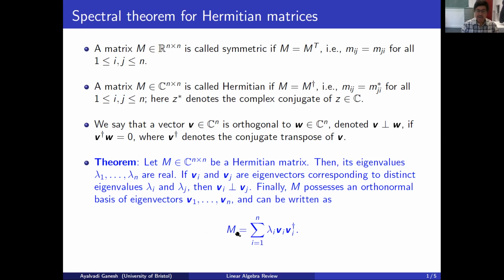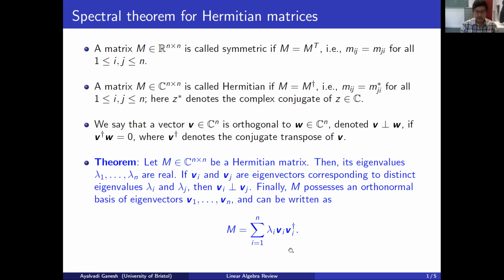V M V dagger gives you the diagonal matrix of the lambda i's. This is another way of saying the same thing, provided the Vi's are normalized to have unit length. Otherwise, you need the inverse rather than the Hermitian conjugate.